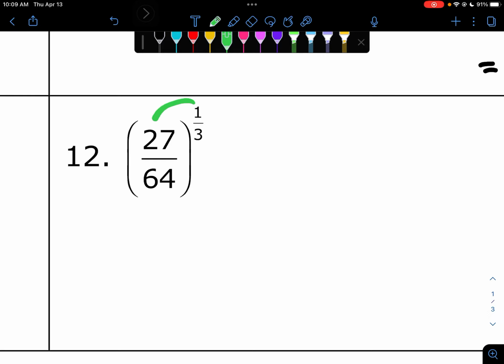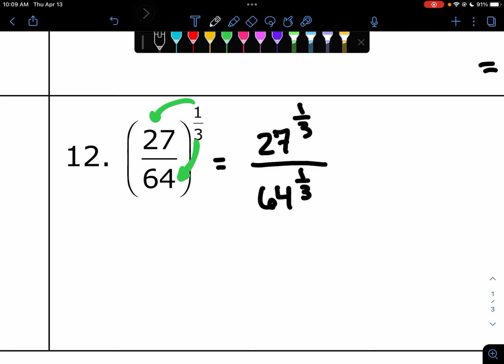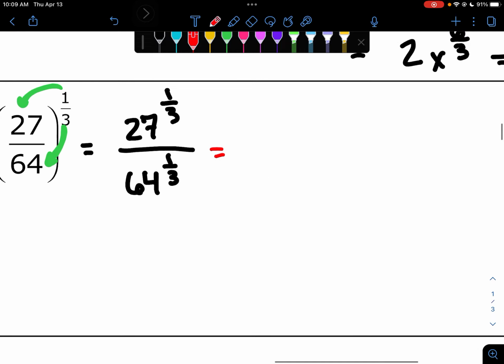So my gut instinct is probably just to distribute this 1/3. But notice how I checked to see if it was reducible at first. So this is 27 to the 1/3 over 64 to the 1/3. And then 1/3 really just means a cube root.